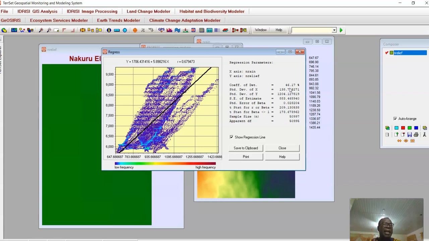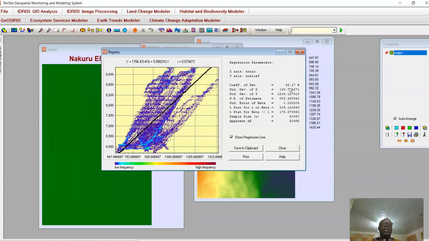It cannot be generalized for the relationship between relief and rainfall. That shows that in the Nakuru district, the rainfall is more of a convective rainfall, by convention.